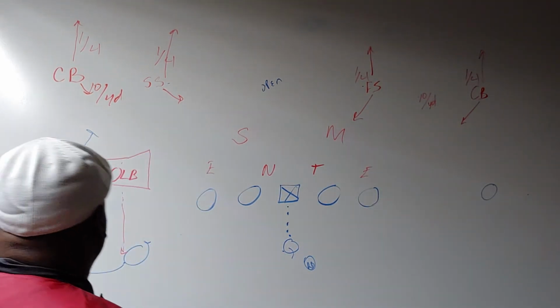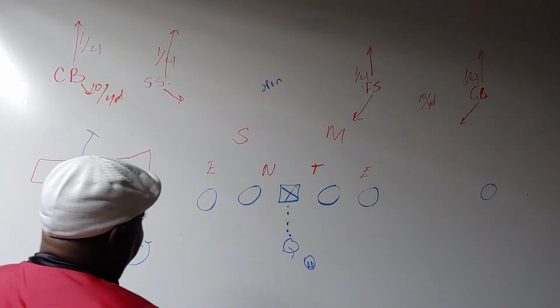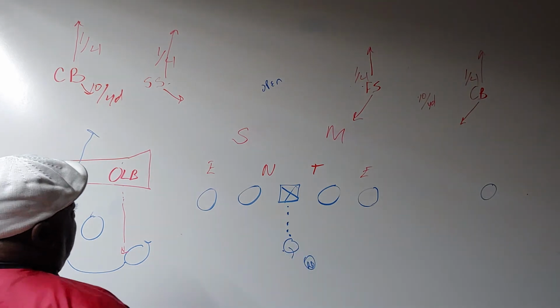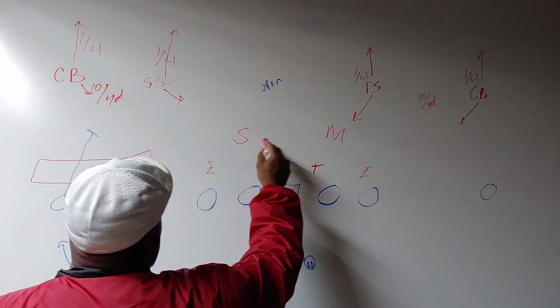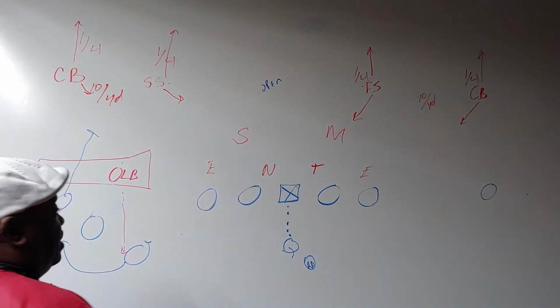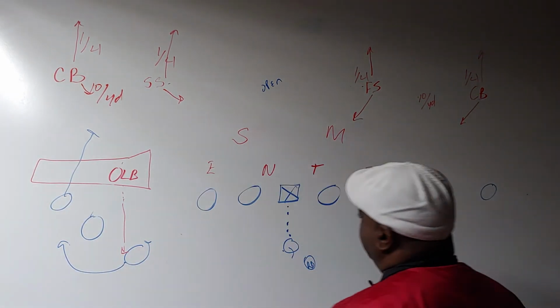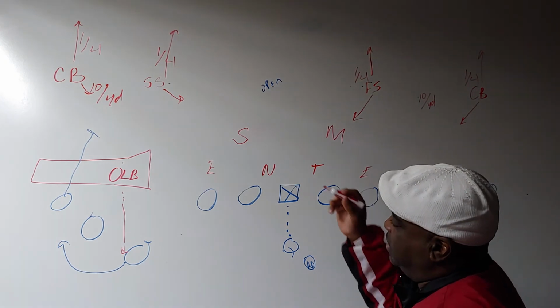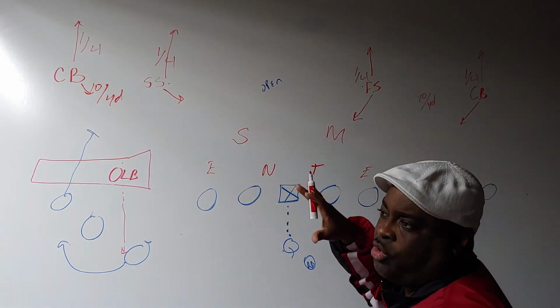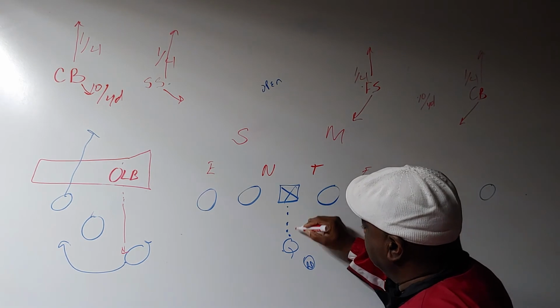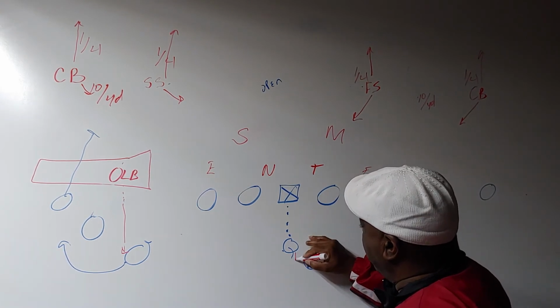Now, as you see this, is the blocking scheme. If you drop it straight back and you don't see a blitz coming, if you see the blitz coming as your first step, and you just say we're doing a 3-step drop, but your first step is back.